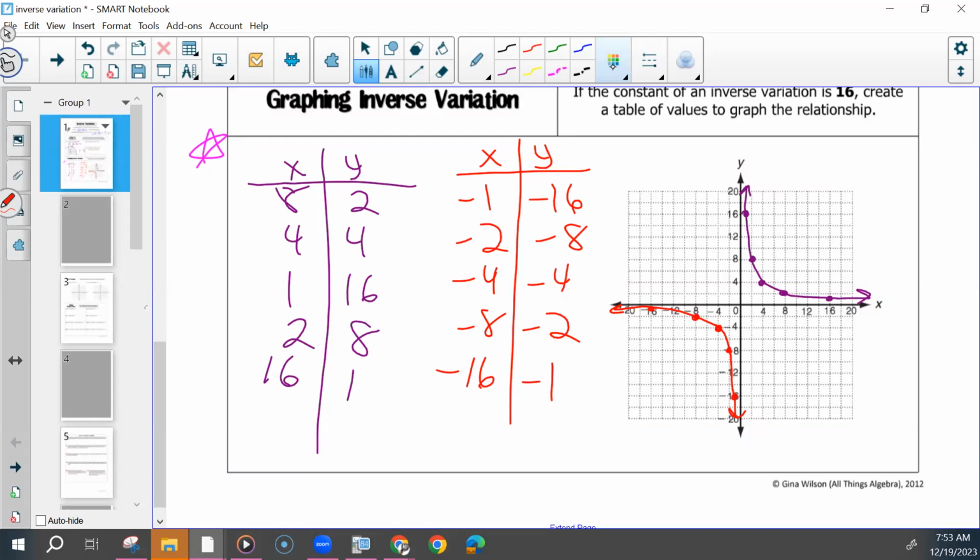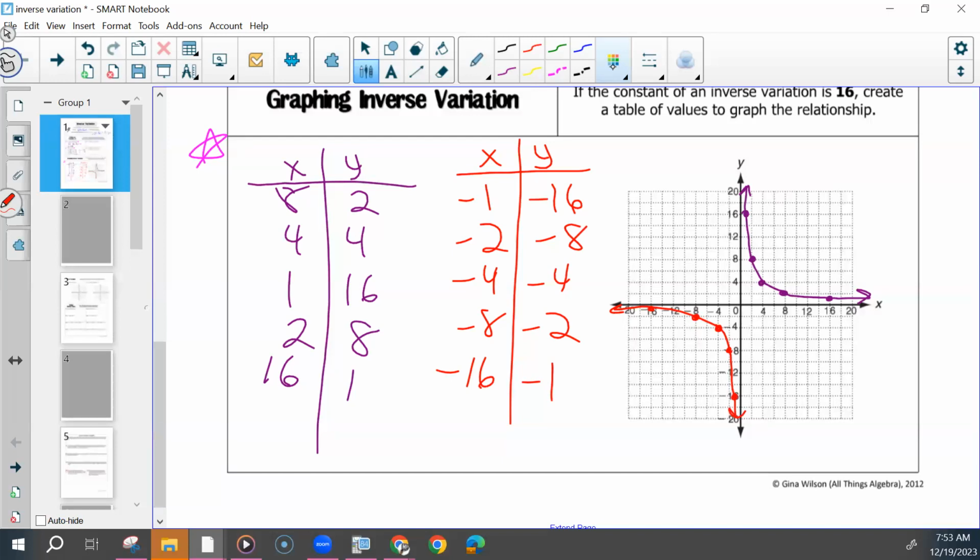It looks different than direct because direct is a line that goes through the origin. This is a curve, it has two parts. Questions on how to determine if something looks like an inverse graph? You just have to be able to recognize that. You don't have to graph it.